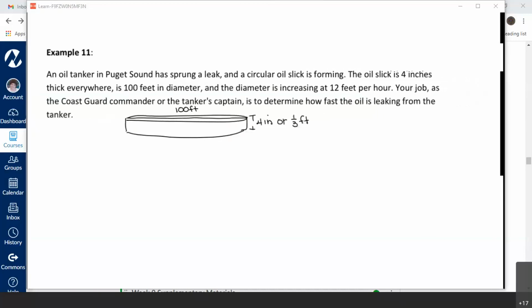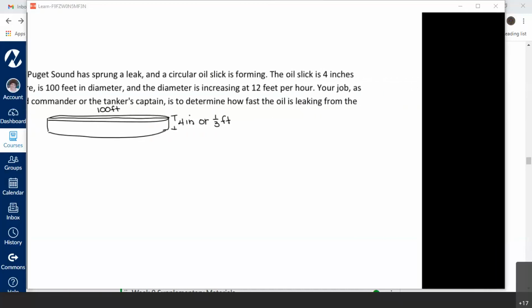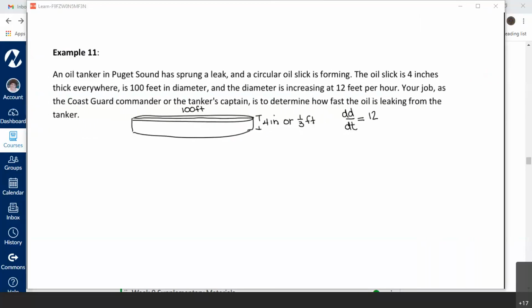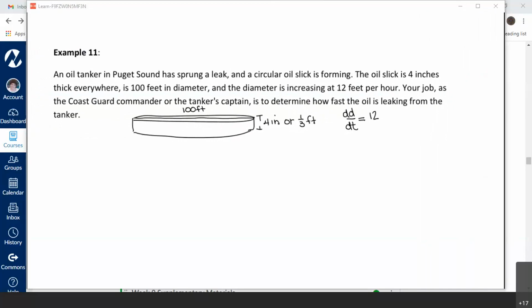And the diameter is increasing, dD/dt, at 12 feet per hour. Your job as the Coast Guard commander or the tanker captain is to determine how fast the oil is leaking from the tanker.